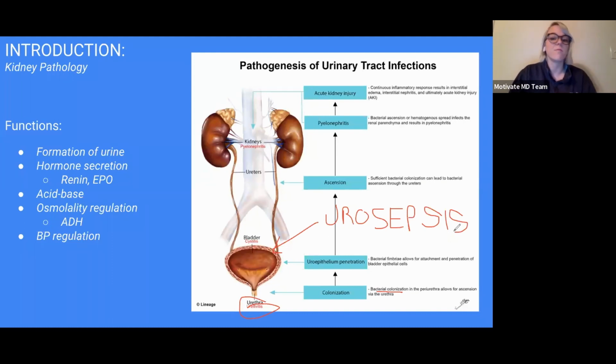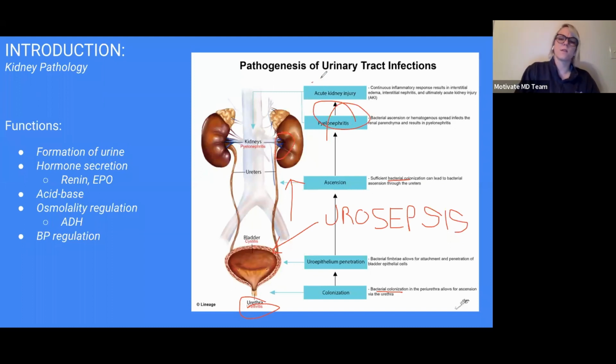So if they come in and they're confused and they were normal yesterday, obviously we want to think about neurological things, but we also want to think about things like a UTI. So good job. Then when we see that bacterial colonization, we see that it also kind of ascends the ureters and can cause pyelonephritis. And that's kind of an infection of the renal pelvis here, the renal parenchyma.